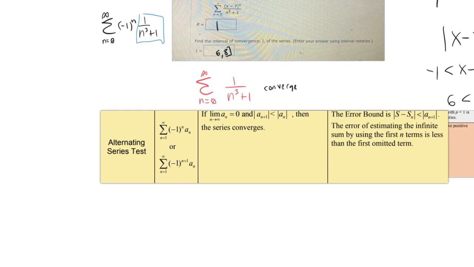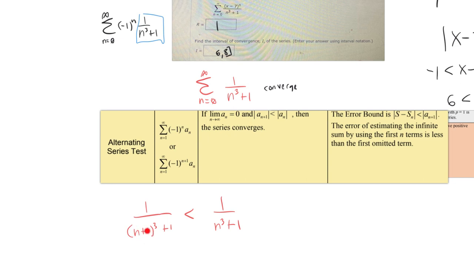So a sub n plus 1 is going to be 1 over n plus 1 cubed plus 1. And we're asking ourselves, is that less than the original a sub n, which is this? And I'm going to say that this denominator is definitely bigger than this denominator, which means that this fraction is smaller. Now, how do you know that this denominator is bigger? Well, it's bigger because this part is bigger.